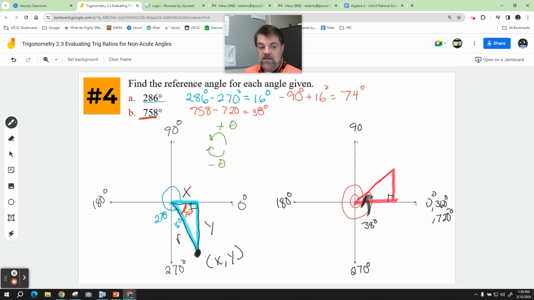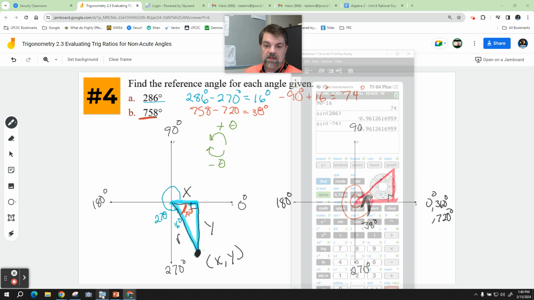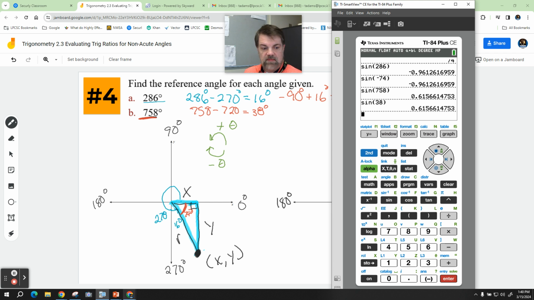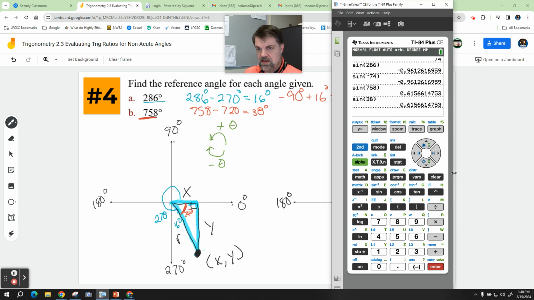Same thing here. We could pull out our handy dandy calculators. If I say sine of 758 degrees, now your calculator will get a little wonky after a while, or if I say sine of 38 degrees, they're exactly the same thing. So I think I'm just going to take a screenshot of that so you guys can see that a little better.